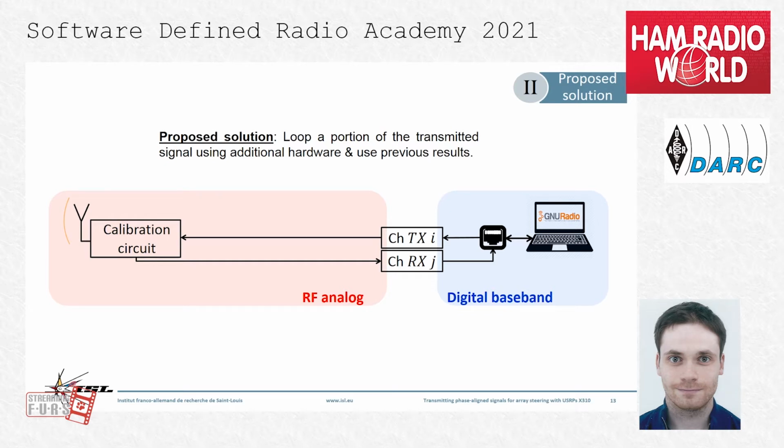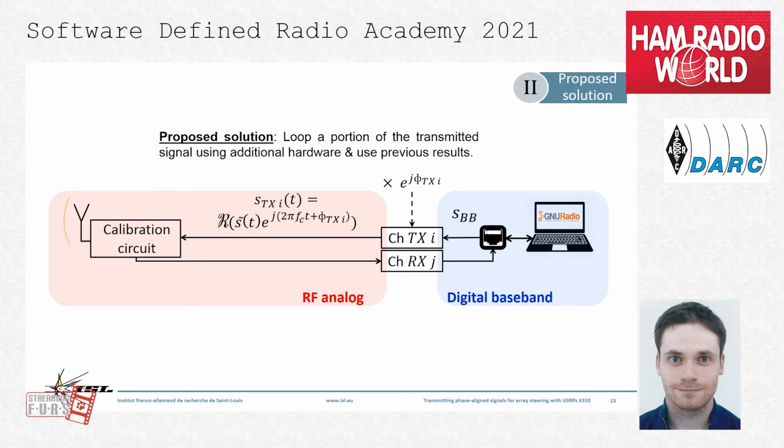The principle is represented here. We have available in GNU Radio the digital baseband signal carrying the information we want to transmit. This signal will be converted to the RF analog domain and will suffer from the phase shift associated with the transmitting conversion chain.